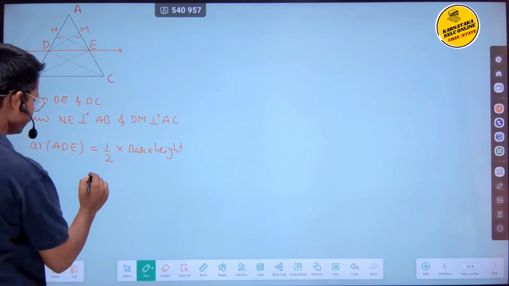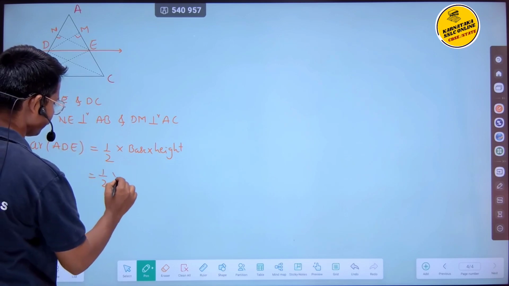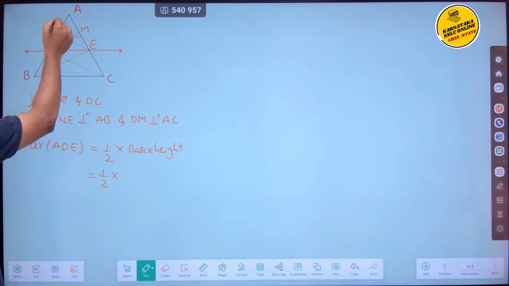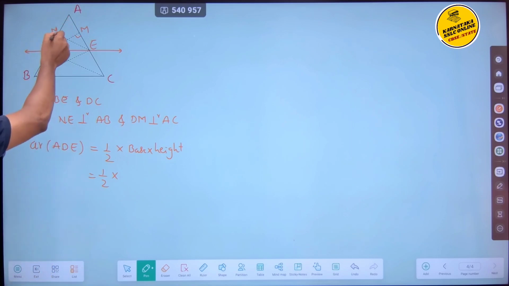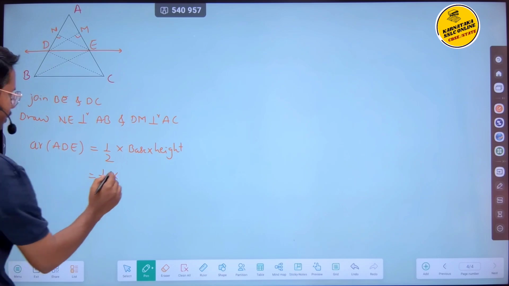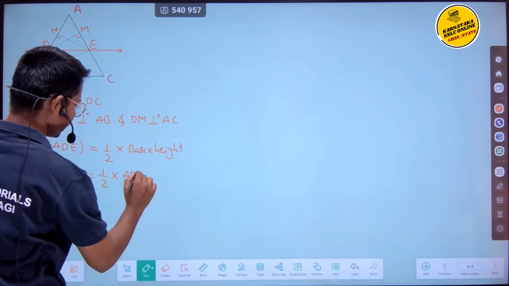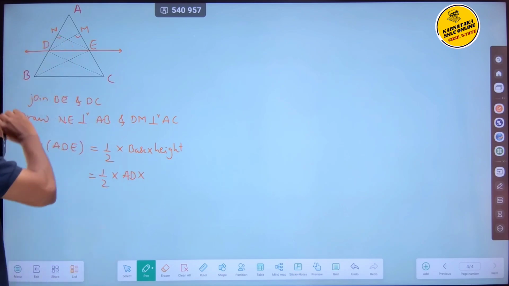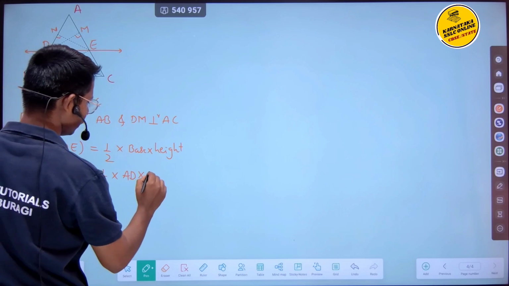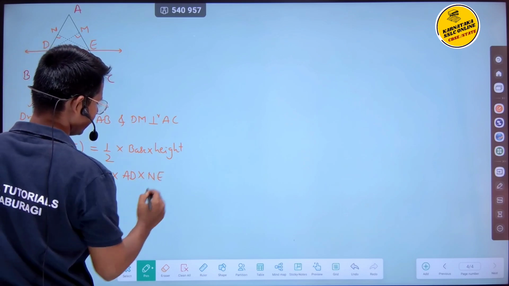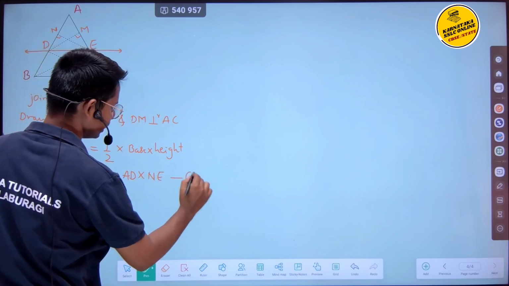For the triangle ADE, on which side can you find a perpendicular line? On the side AD you can find a perpendicular line. It means AD becomes your base, and a perpendicular line always gives you the height of that triangle. So your height is NE. Call this equation 1.